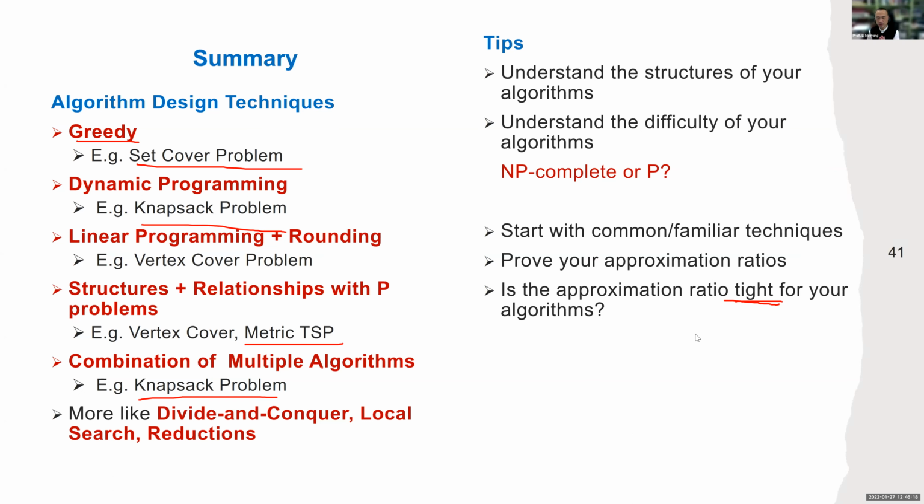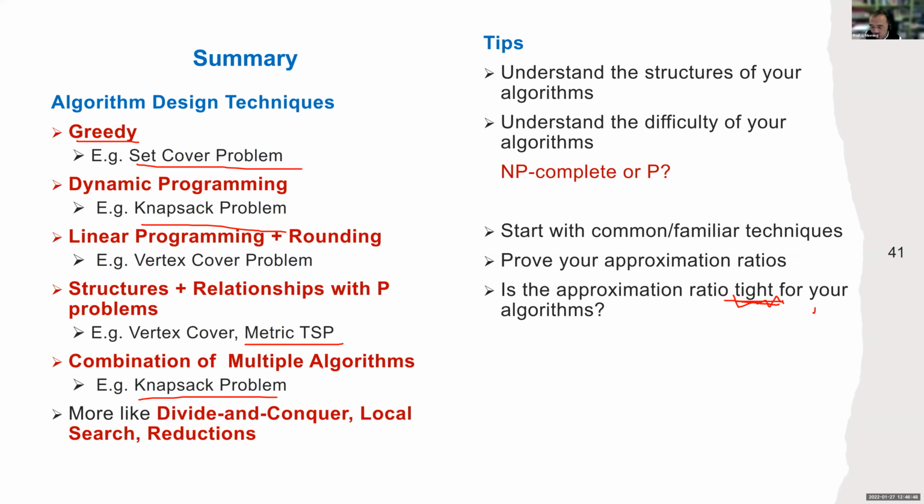For example, I show this algorithm is log n approximation, then other people using the same algorithm may be able to show it is a 2 approximation. Then your analysis seems to be not tight. So you have to provide one example showing that, using my algorithm, the ratio cannot be better than what I proved. This means the tightness of your analysis.